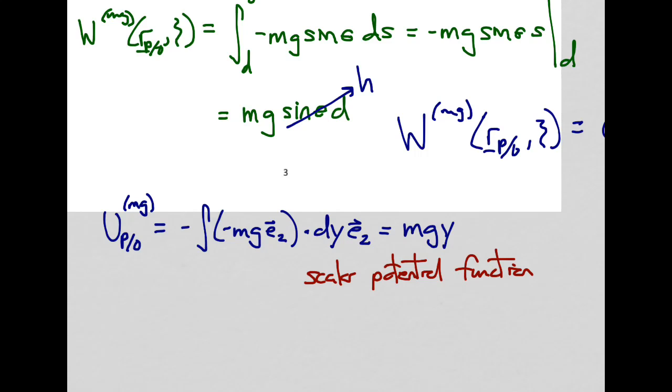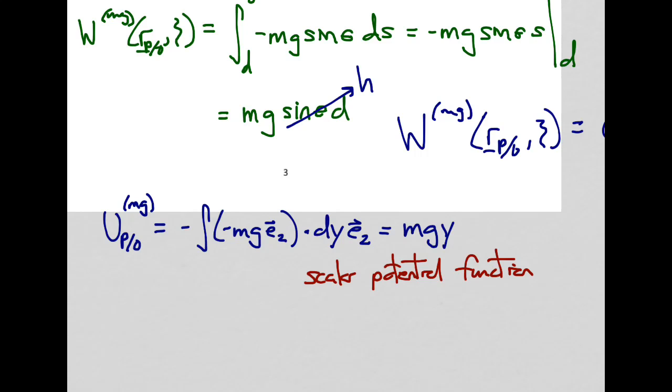So the value of your potential energy, or the value of the energy here, is a function of y. So it depends on how far you are away from a reference line, or a reference point. In this case, it's a direction that goes against gravity, y, and that's how far you are from that base point. And this is where the word potential energy comes from, because this is a scalar potential function.